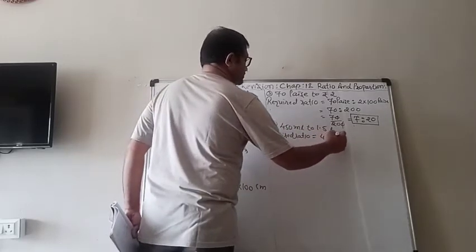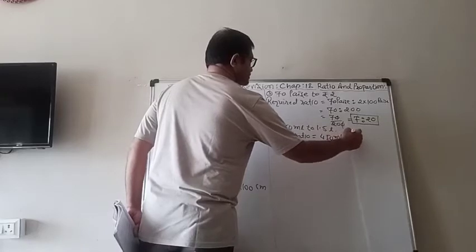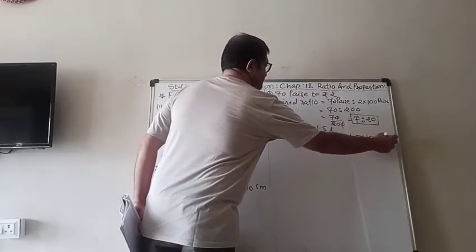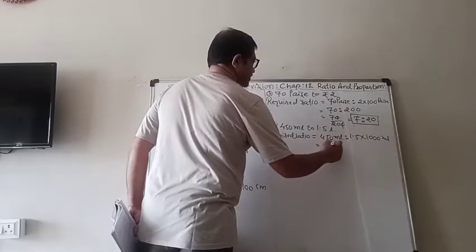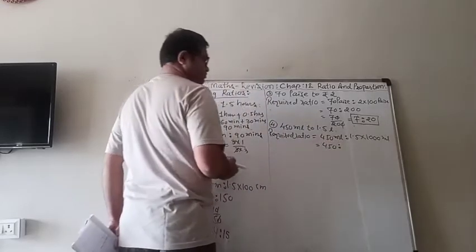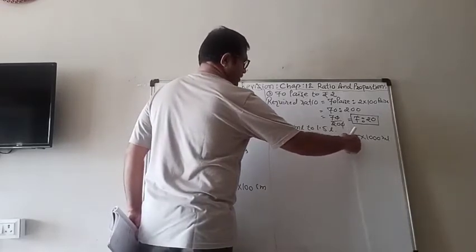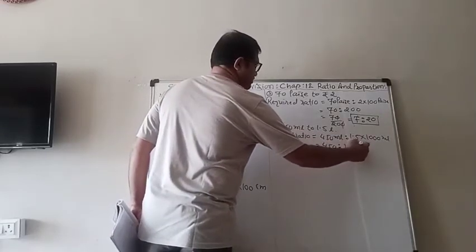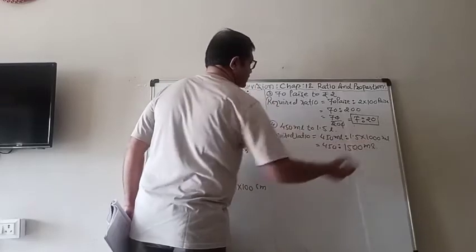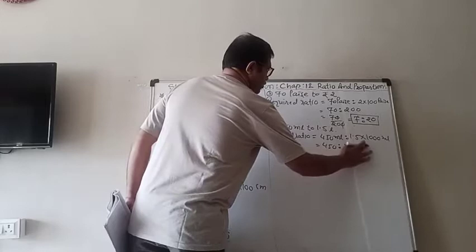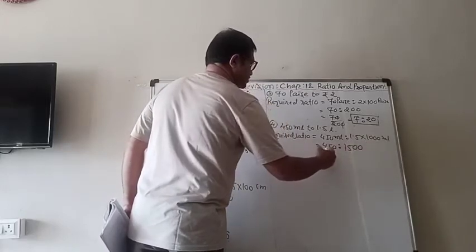So 450 milliliter is to 1.5 into 1000 milliliter. That is 450 is to, now 1000 and another 500, 1500 milliliter. Now we don't need to write down the units.